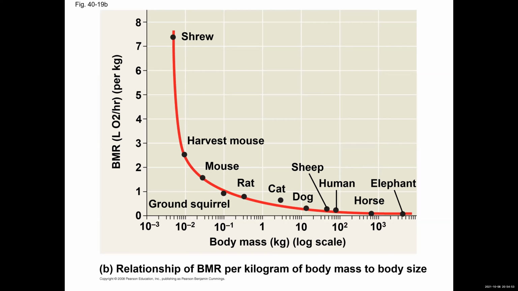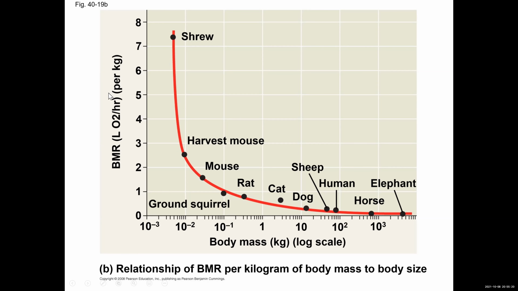So this is a graph. Now it's decreasing as we go from the left to the right. And we see the mouse is over on the left and the elephant over on the right. And what's different about this graph, we still have body mass per kilogram on a log scale on the x-axis, but the y-axis, the only thing that's different is that we've taken the BMR and we've actually divided it by the kilograms of the animal.